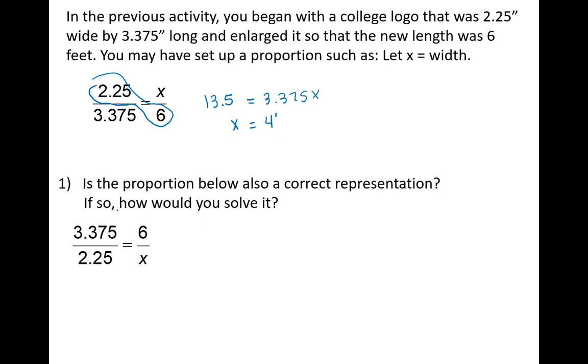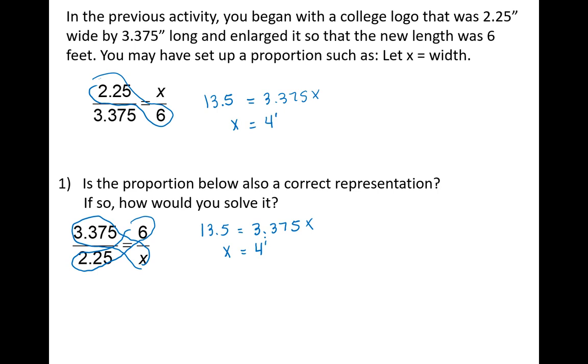Let's look what happens if we solve this one. Notice we get 6 times 2.25, that's 13.5, and we get the same thing. So this tells me I think we're doing it right. All right, and the answer obviously is we get the same exact solution.